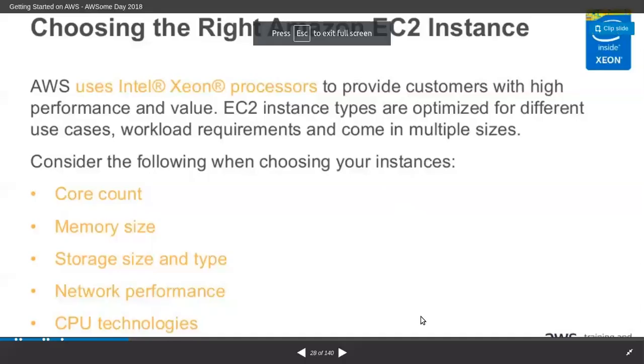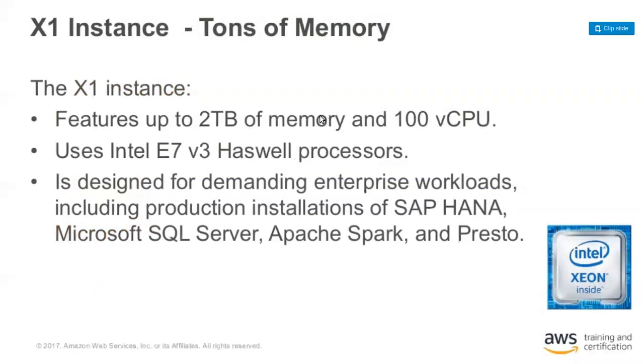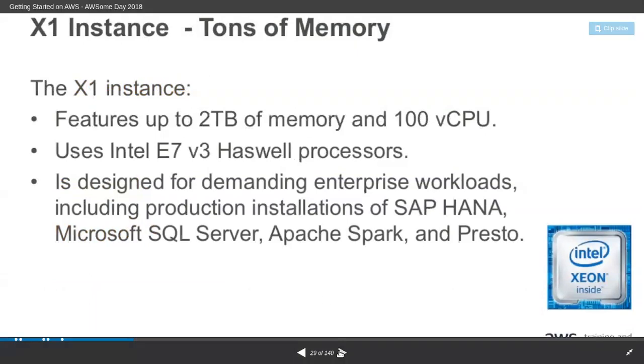They have so many instance types which we can choose from. This one is very, very powerful. You are getting almost 2 terabytes of physical memory. It's massively powerful. So this will cost so much, and this is for very, very big deployments.